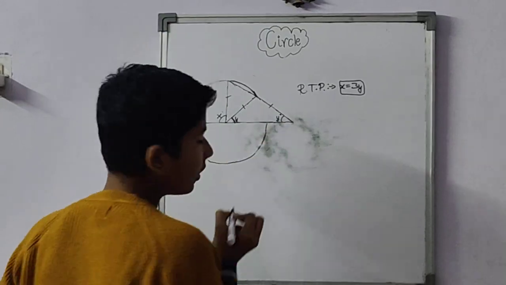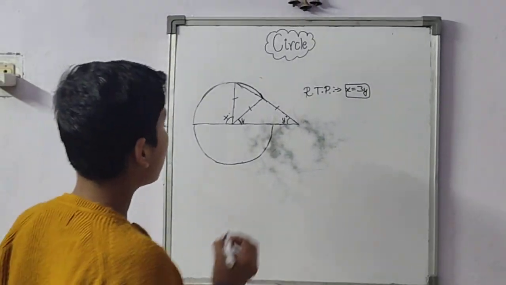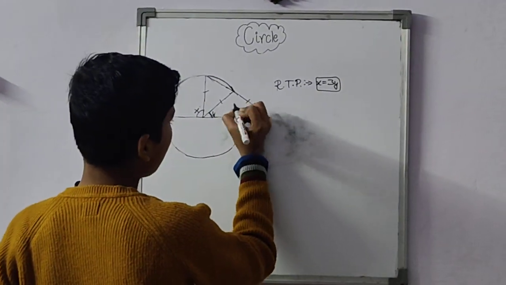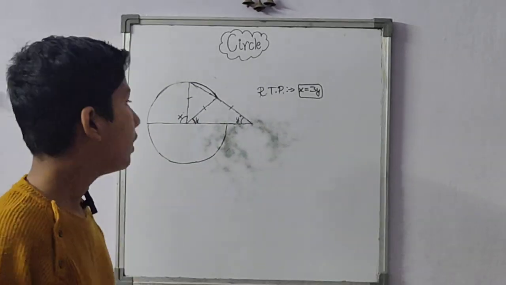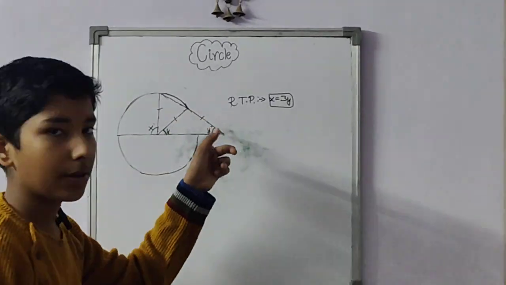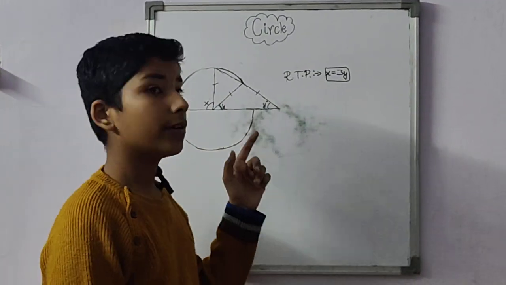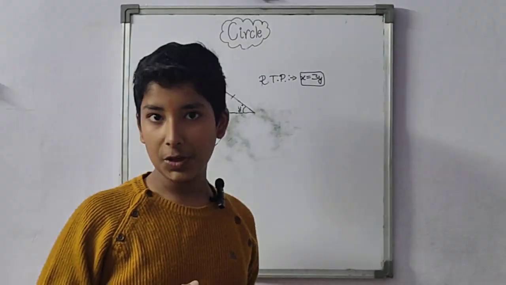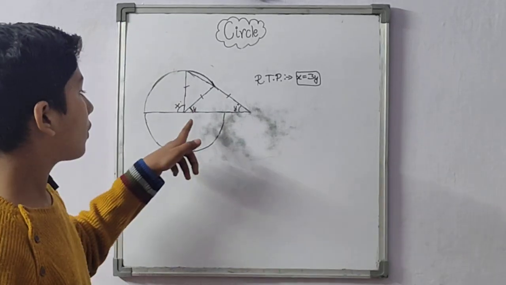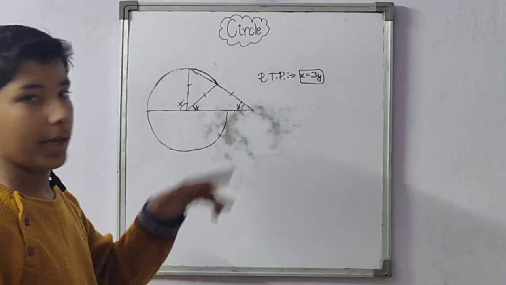This is y. This is y because you see this. This is the radius. This is also radius. Also size of radius. It is given that these two are equal. You know that equal sides have equal angle opposite to it, so that's why y equal to y.